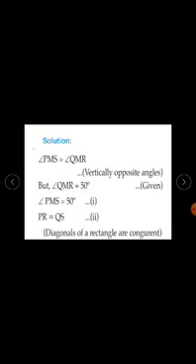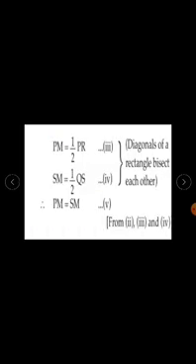So PM is equal to half of PR, this is your equation 3, SM equal to half of QS, this is your equation 4. Therefore, PM is equal to SM because PR is equal to QS from equation 2. So half of PR is equal to half of QS, therefore PM is equal to SM from equations 2, 3 and 4, and this is your equation 5.